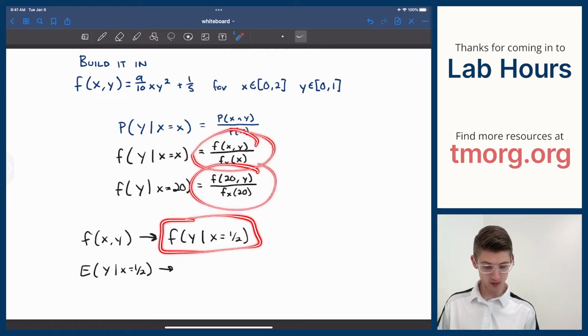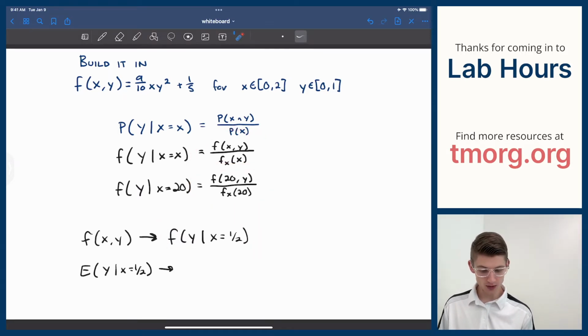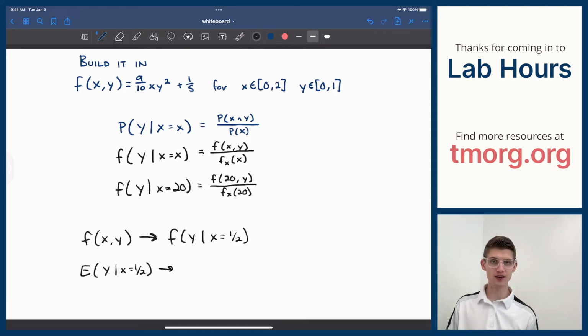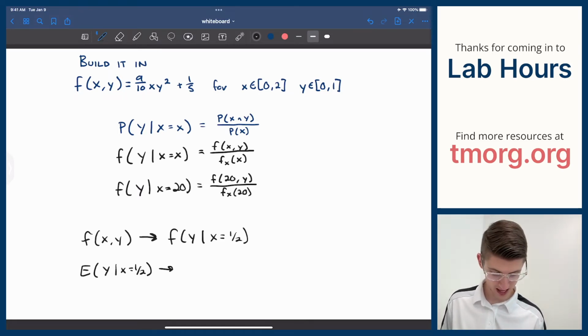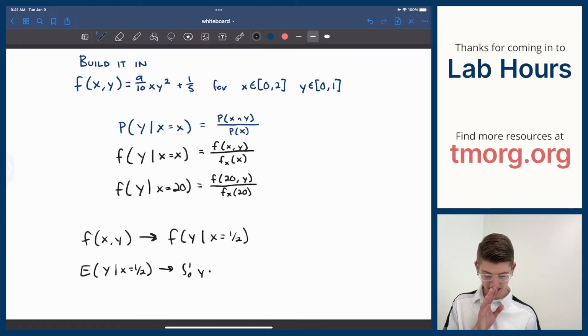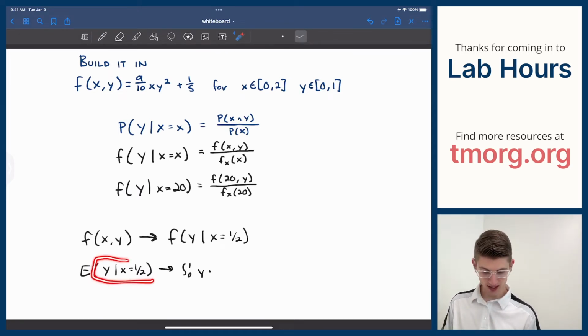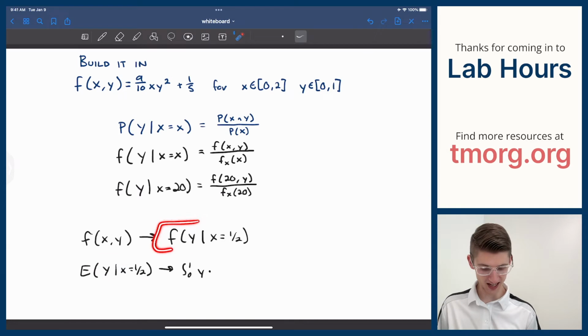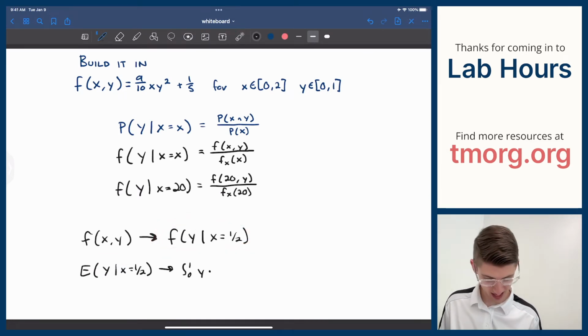Using this step that we're going to show you in a second, all you have to do is the normal thing for expected value, which would be integrate over the bounds of the thing, 0 to 1, of the thing, y, times the probability of the thing. In this case, it's f of y given that x is equal to 1/2 dy.